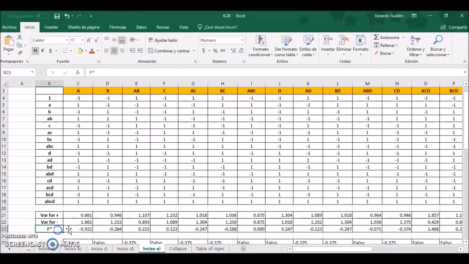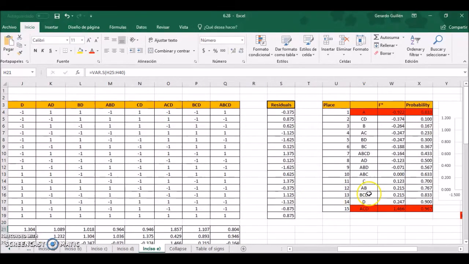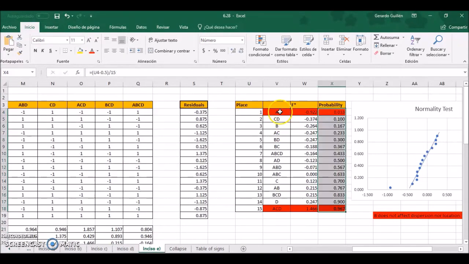The values of the F asterisk that I get from each source, I'm going to copy and transpose into a new table. These values, I'm going to arrange from most negative to most positive, from minor to greatest.